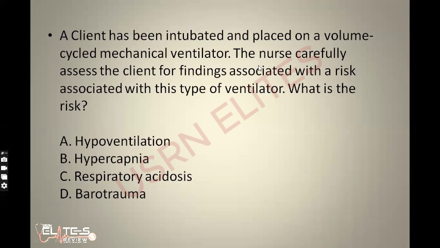So there is the potential of causing barotrauma if you give too much volume than the lung can take. So the volume cycle is that the clinician is controlling the amount of air that is going to be given to the patient with the ventilator.